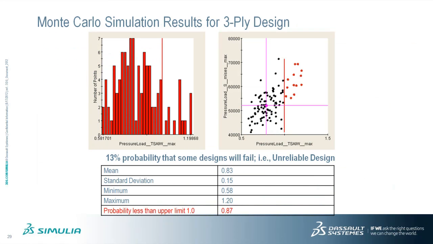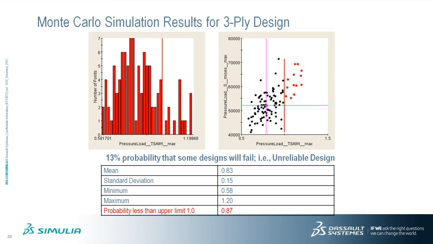Okay, so how does that change our result? This is the result from the Monte Carlo simulation for the best 3-ply design that we had. The pink crossbars here show where our initial, traditionally optimized design was.